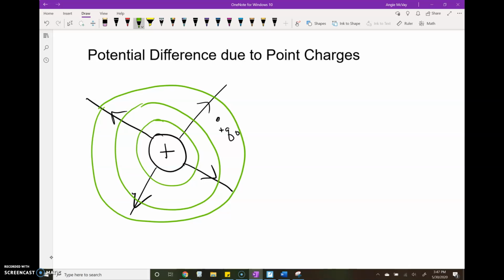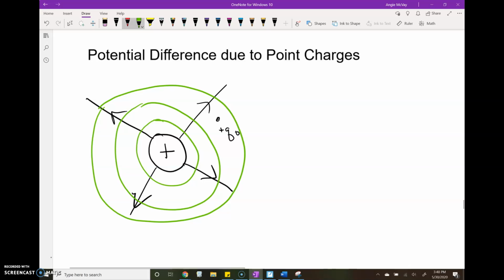So just like in our previous example where I drew those horizontal green lines, these are circular green lines because anywhere along here, a test charge would have a certain amount of energy, a certain potential. Anywhere along this green line, a test charge would have a different amount of energy and a different potential, right? Depending on its distance from that charge and whether the charge was positive or negative.